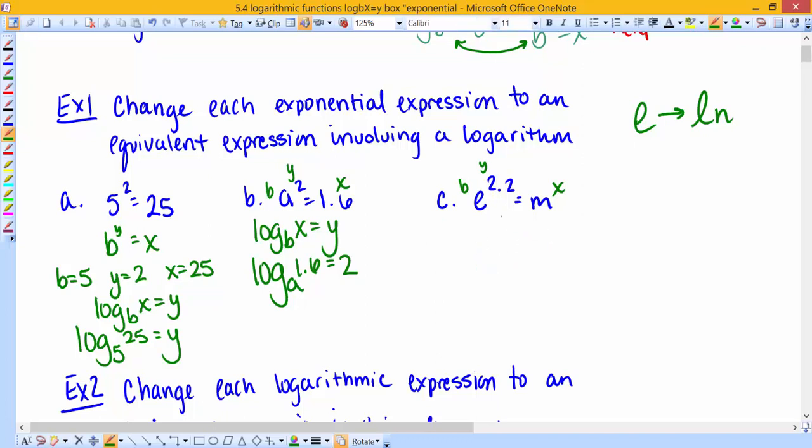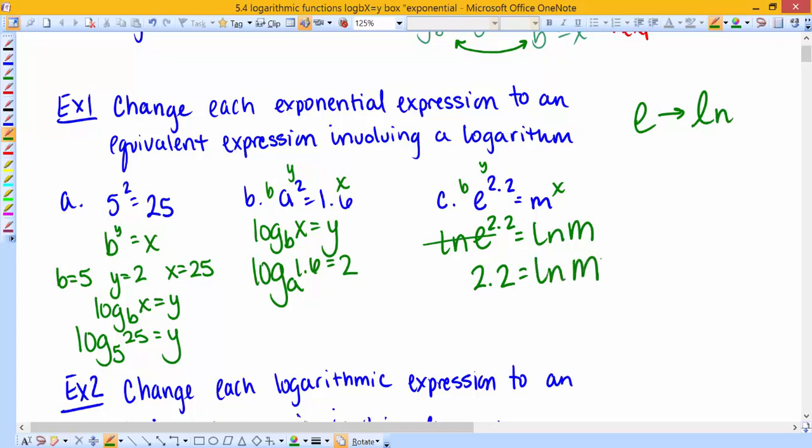But I might decide that, oh, I see an e and I want to get rid of e. I need to get rid of e, so it's not an exponential form anymore. So in order to get rid of e, I natural log both sides. What I do to one side, I must do to the other. So I natural log to get rid of the e. So I have 2.2 equals the natural log of m.